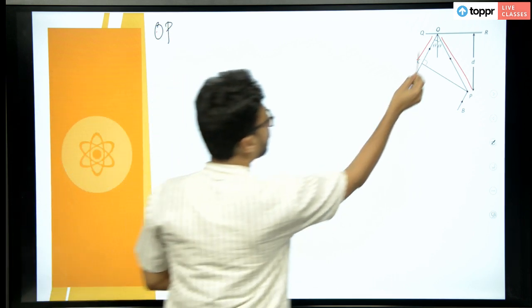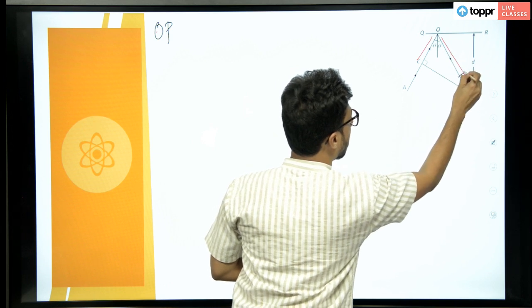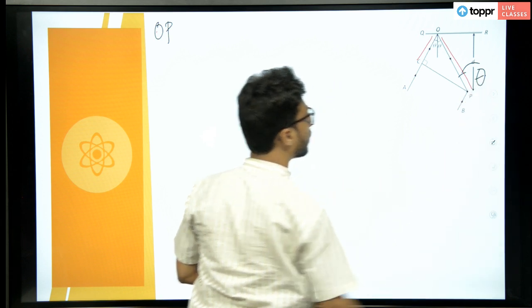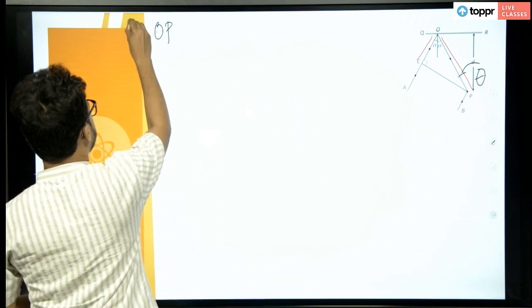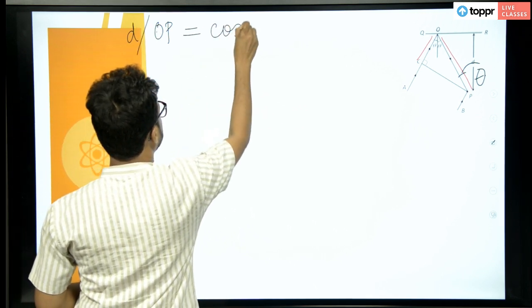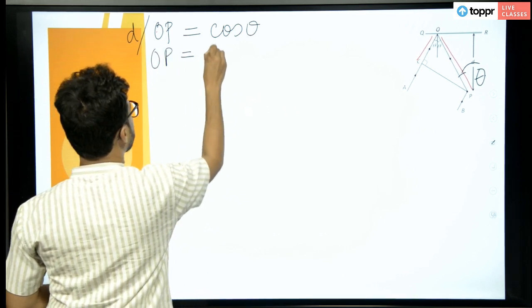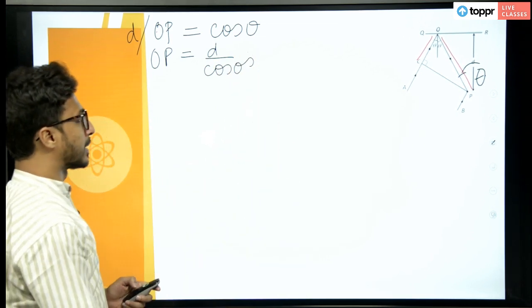OP. Say this is D. If this angle is theta, this angle is also theta. Now D divided by OP equals cos theta, so OP equals D by cos theta.